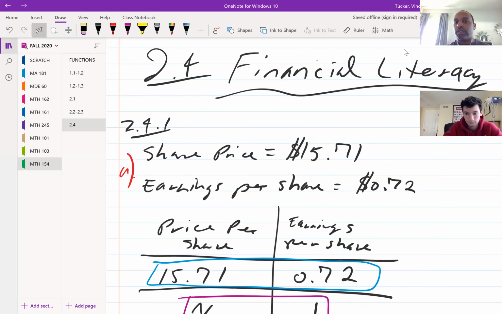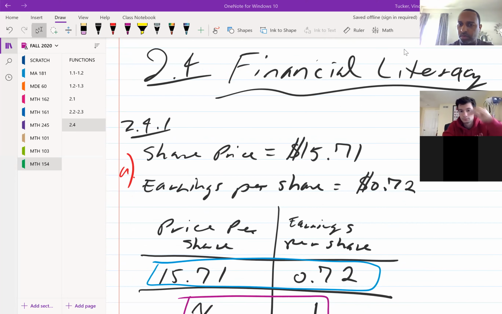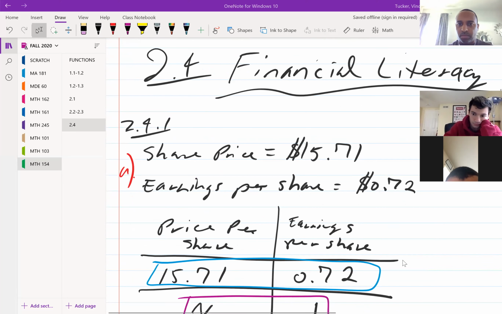All right, so let's start here with financial literacy. Before you copy anything, I'm going to switch to my math lab. Not understanding why I can't see my stuff. Okay.